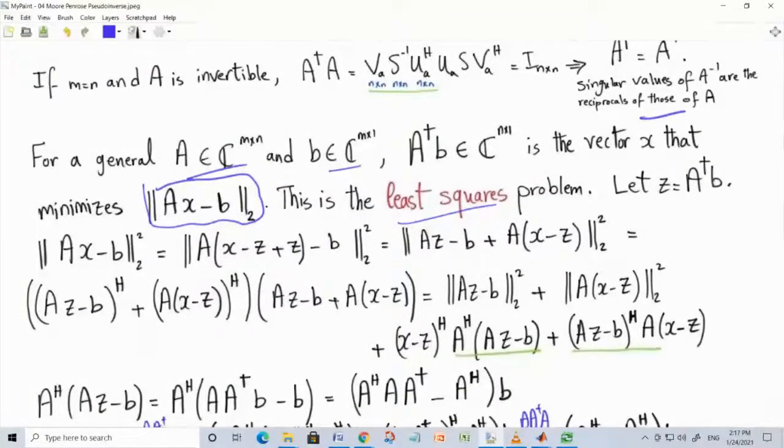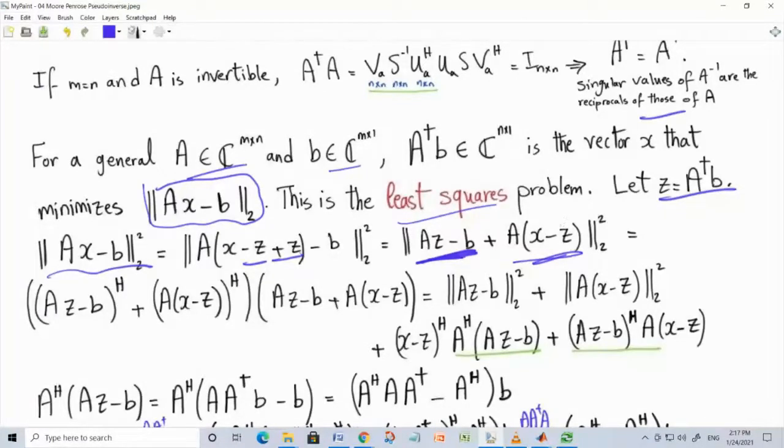Okay, so take the L2 norm squared of AX minus B. Define Z to be the pseudo inverse of A multiplied by B, and then add and subtract Z. So here we have AZ minus B, and then A of X minus Z. Now this is the L2 norm squared of two vectors, so this is one of them, AZ minus B, and the other one is A(X minus Z).